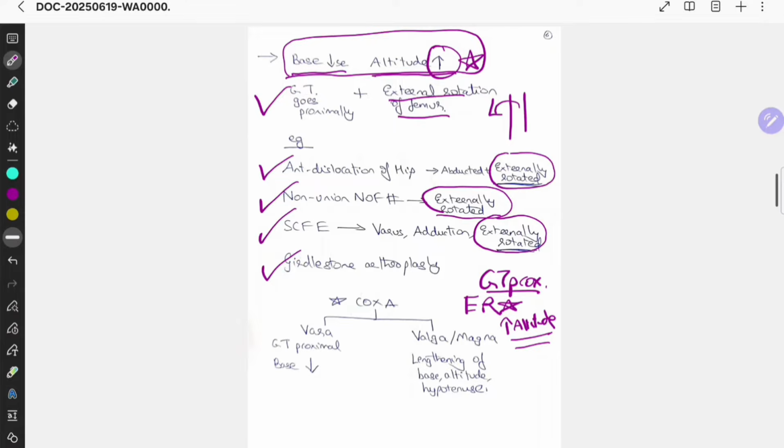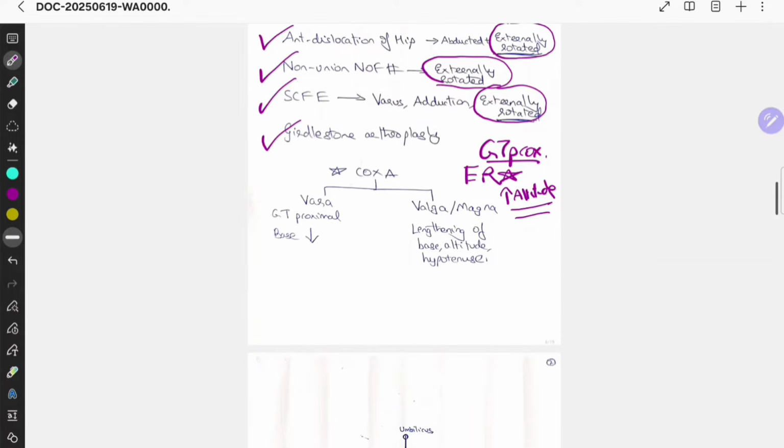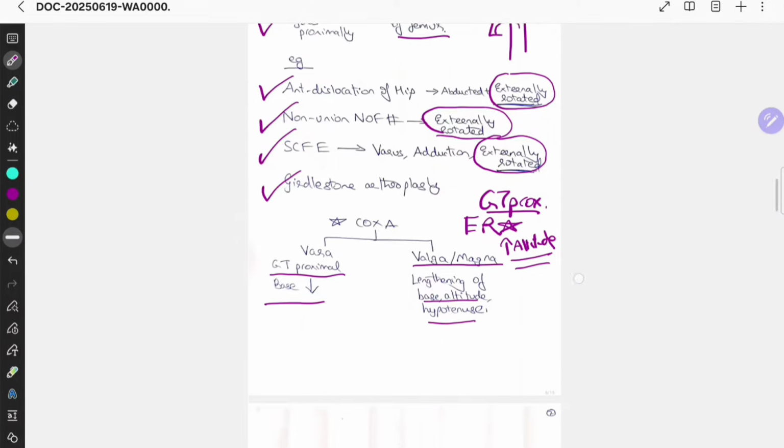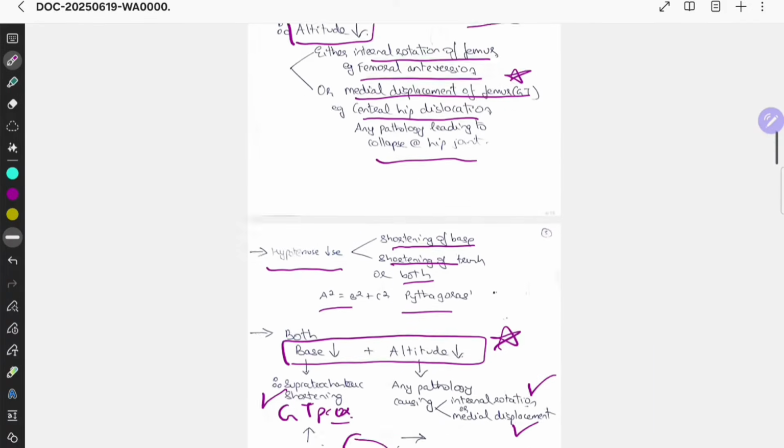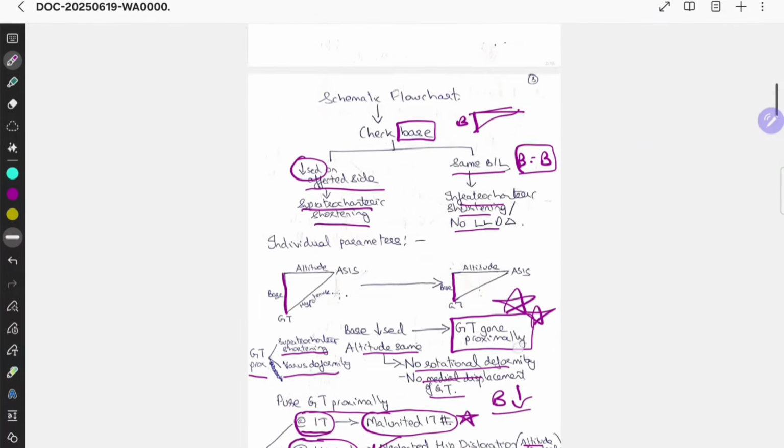Okay, now in deformities, in coxa vara, as we discussed, GT goes proximally, so the base is decreased, while in coxa valga or magna there is lengthening of base, altitude or hypotenuse. Okay, so that was the whole concept of Bryant's triangle.